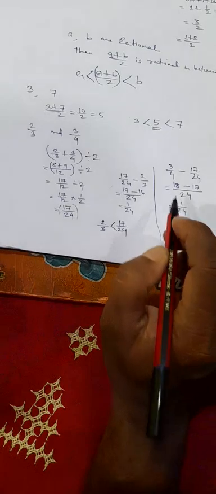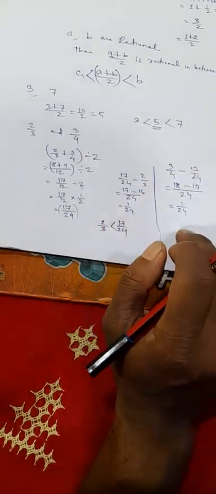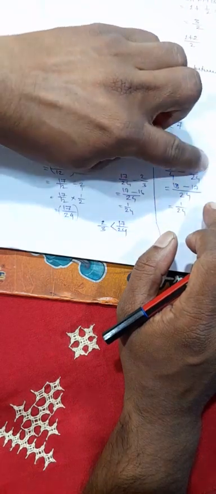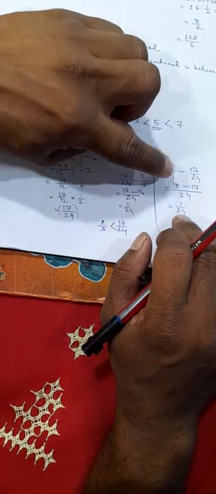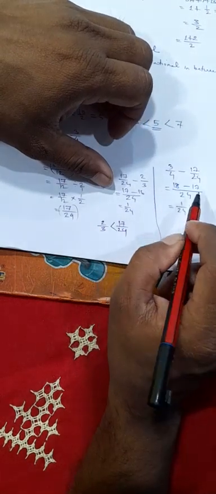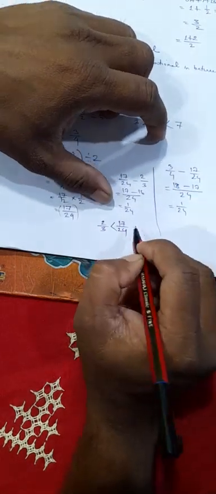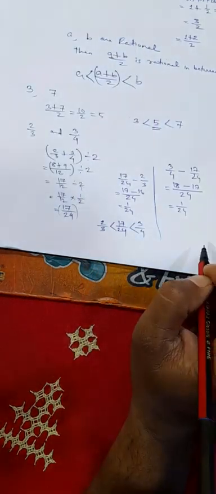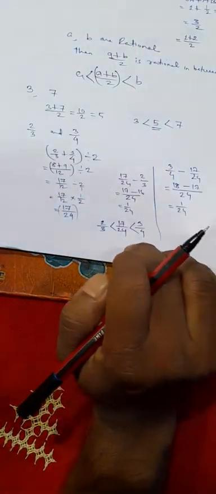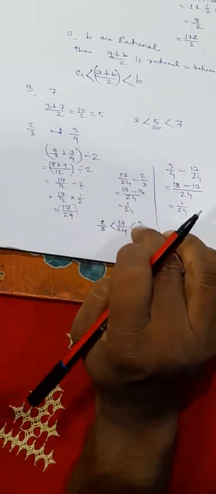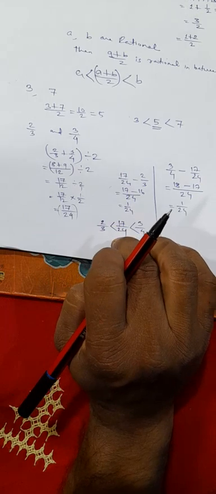That means 3 by 4 is greater than this number, because 3 by 4 minus 17 by 24 is positive. So 3 by 4 is greater than 17 by 24. That means 17 by 24 is less than 3 by 4. So this is how we can prove. So we find the number in between 2 by 3 and 3 by 4 is 17 by 24.